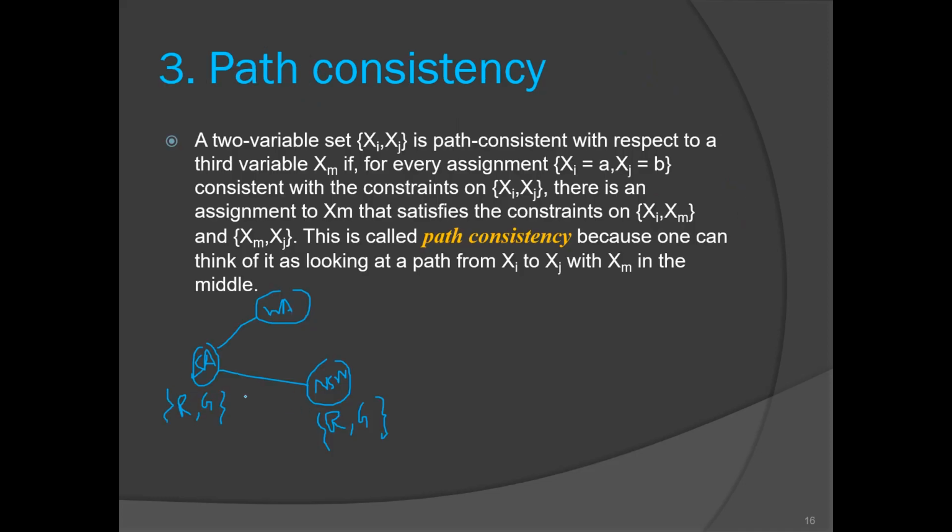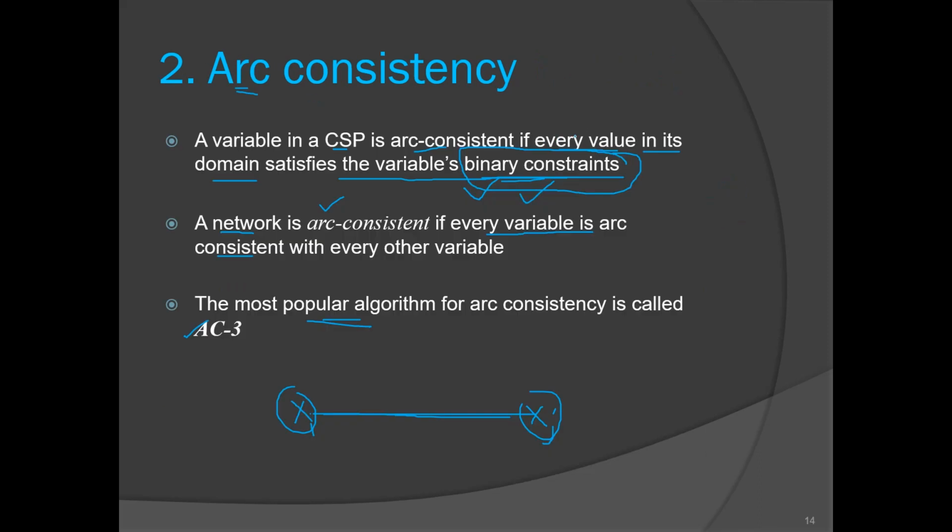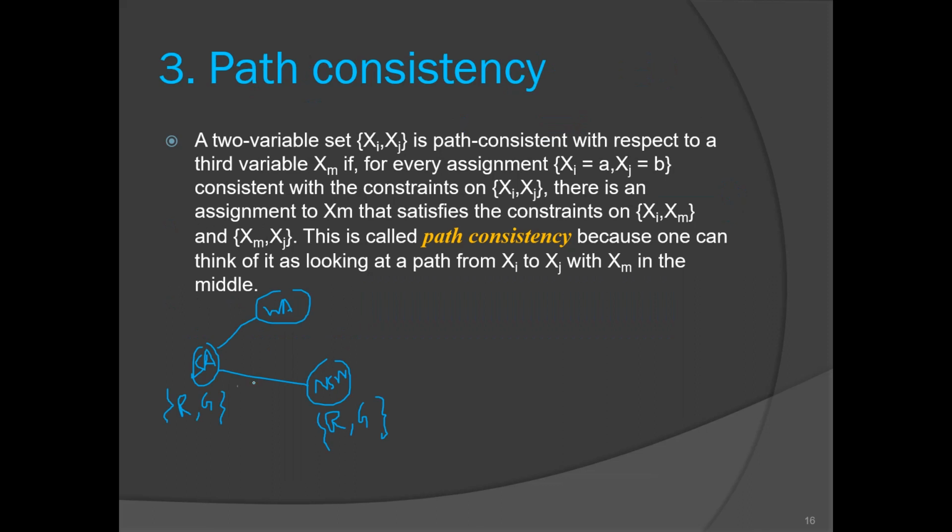Let's see that. What do we mean by arc consistency? Every value in a variable's domain satisfies the binary constraint. Every value should satisfy the binary constraint. So let's see whether we have arc consistency or not. For R we have G here, that means it is fine.